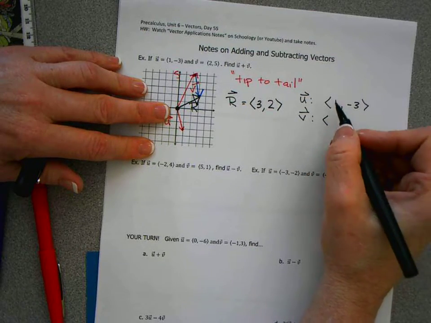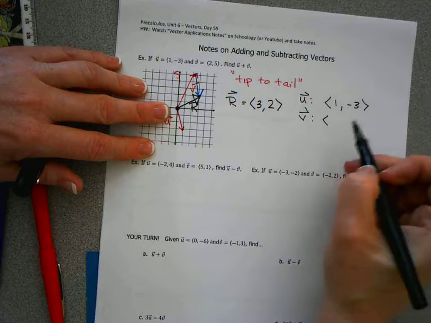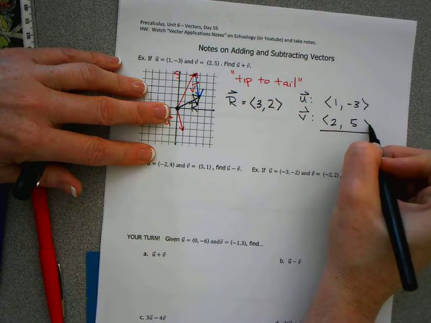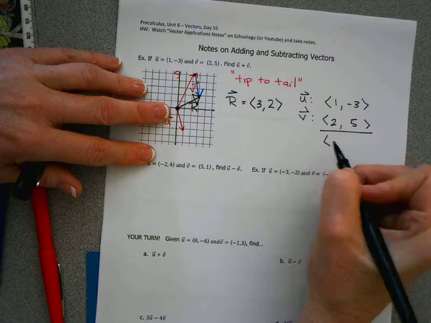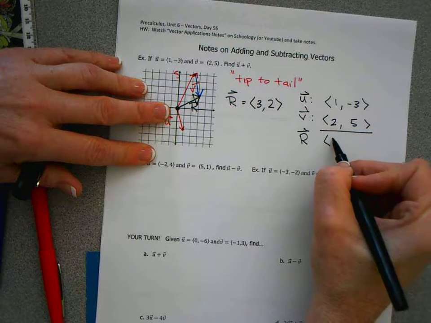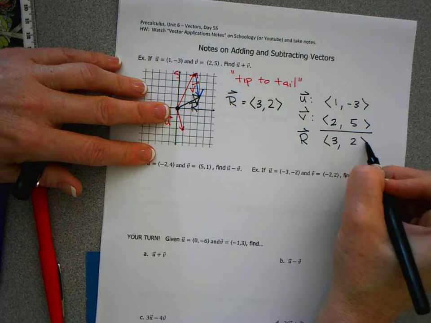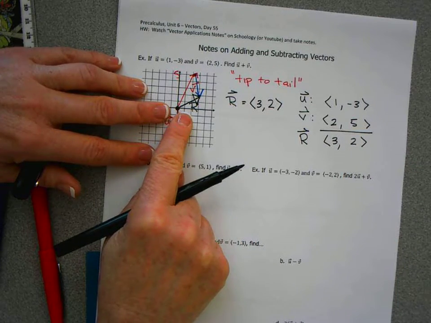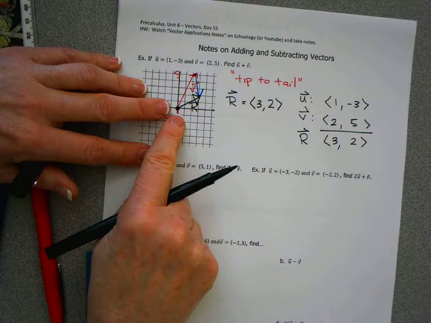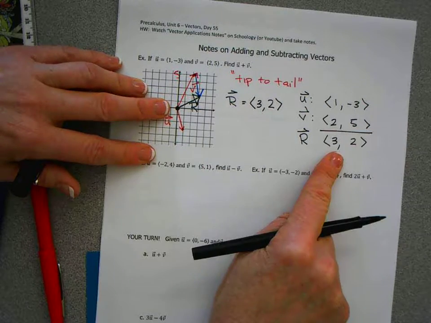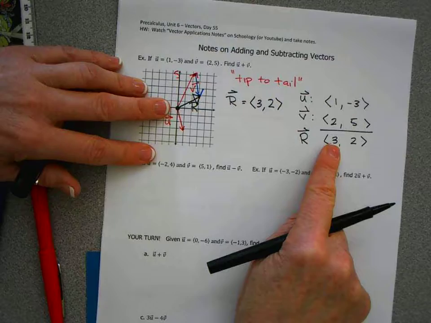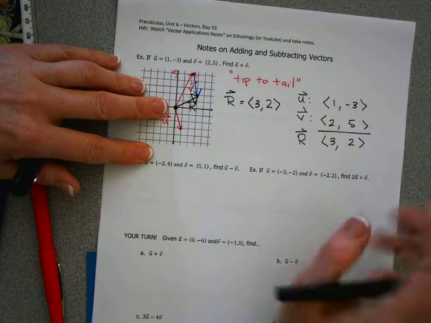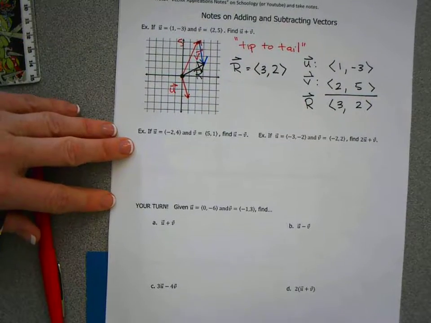Adding is commutative, so it doesn't matter the order, and I'm going to have 2, 5. When I add them together, what do I get? I get r, and that is 3, 2. Exactly what happened in the picture. Okay, so tip to tail is how we pictorially add vectors, and we just combine the x components and the y components. That's how we add algebraically. Okay, operationally, maybe that's the word.